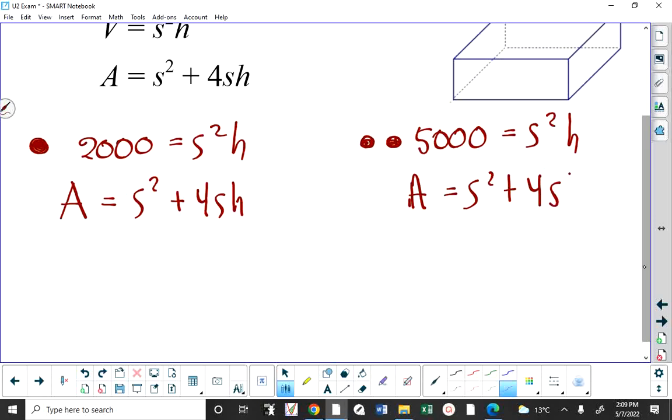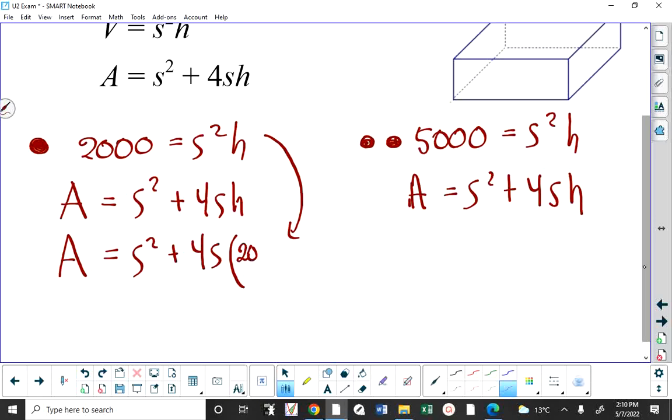And again, you have a problematic variable. We have to get rid of one of these two variables, s or h, in the area equation. I would recommend getting rid of h. Why would you want to get rid of s when it occurs in two places? So in this equation, wherever there is an h, put in the result from this equation when you divide both sides by s squared, which is 2,000 over s squared.